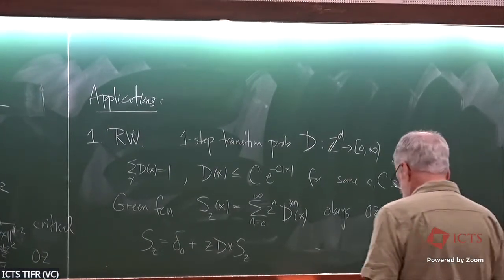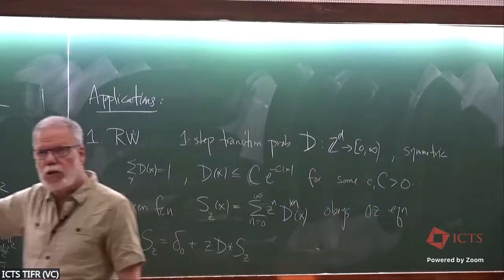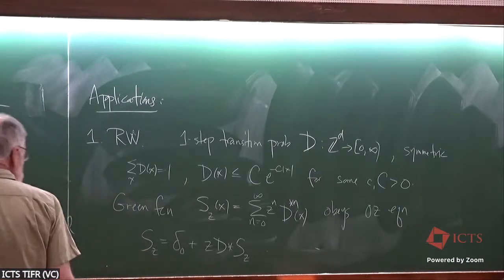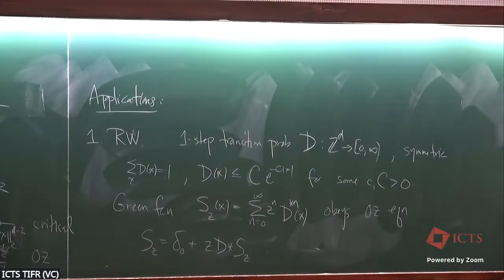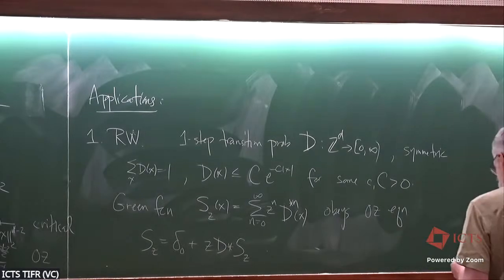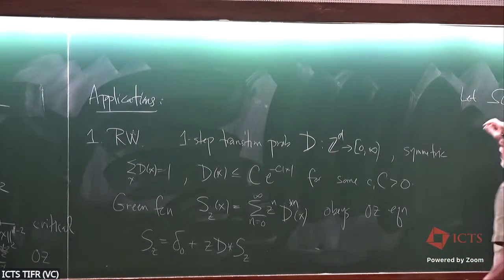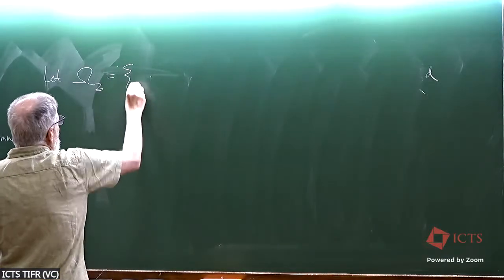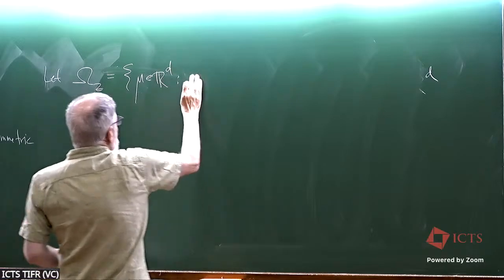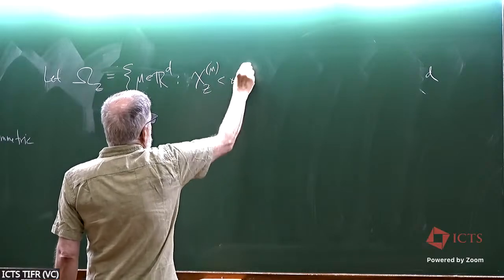And I want to argue that this obeys assumption 1 and assumption 2, and therefore we have our conclusion of the crossover theorem. So in order to look at assumption 1 there was that set omega, which will now be parameterized by z, because we have a parameter z that was not present previously, but now there is one. So it's the set of mu in R^d such that the tilted chi_z is finite.